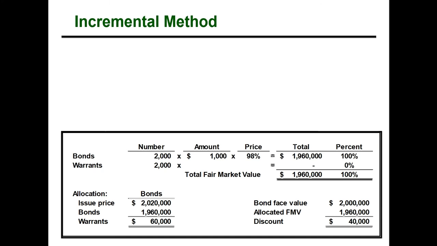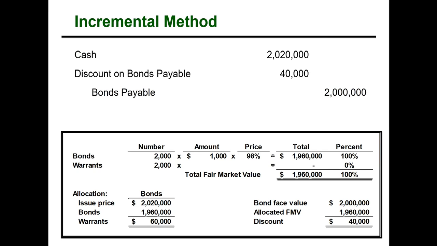So how do we do this? Basically, we know that we received cash of $2,020,000. We know we have this discount on the bonds payable. We also know that we have bonds payable of $2 million at face value. And guess what our plug will be? Our plug is the paid-in capital stock warrants. So we have these stock warrants at $60,000 as our plug.